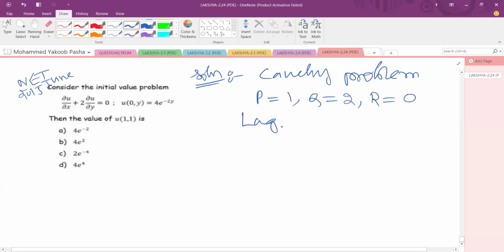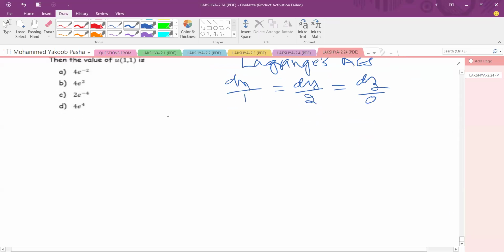What are the Lagrange's auxiliary equations? dx by P is 1, dy by Q is 2, dz by R is 0. So we can solve the first two equations. I am taking dx by 1 is equal to dz by 0.